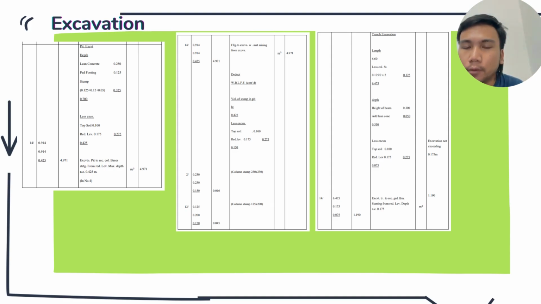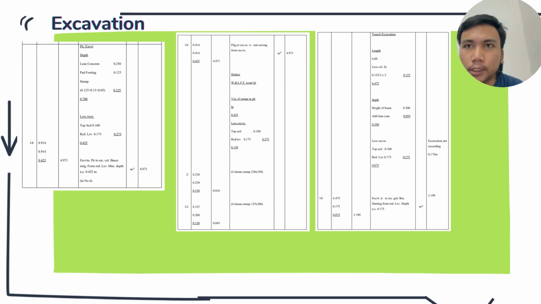And the column stump 125 by 200: 12 times 0.125 times 0.200 times 0.150, which is 0.045.